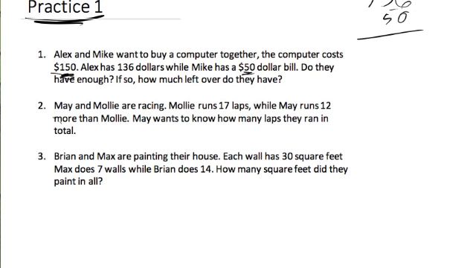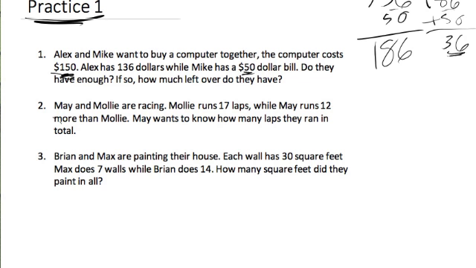So 136 plus 50, 6 plus 0 equals 6. 3 plus 5 equals 8. 186 as our answer. Then we have to subtract 150 because that's how we find out how much left over they have. So 186 minus 150 equals 36, because 6 minus 0 equals 6, and 8 minus 5 equals 3.